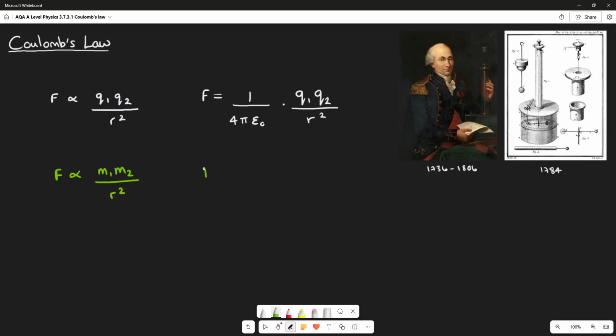When we turn this into the equation, we still have the same format, only the constant of proportionality is big G. For Coulomb's law, that constant of proportionality has a value of 9 times 10 to the 9.